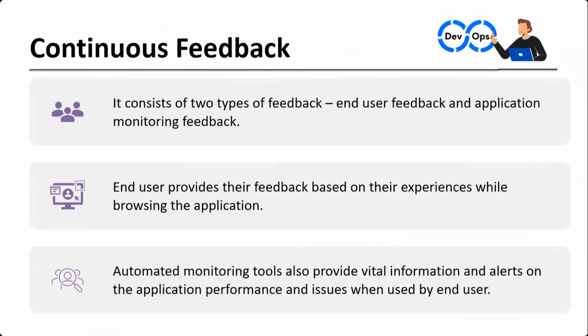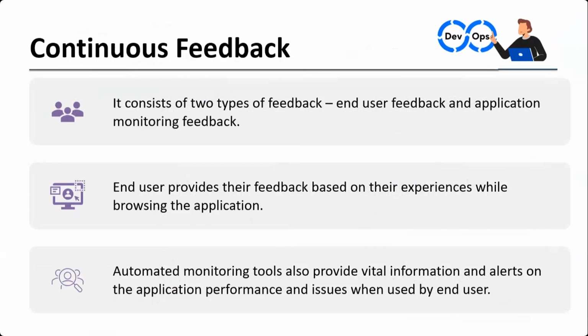End user feedback offers direct insight into user satisfaction and application usability, helping teams make user-centric improvements. Application monitoring feedback mainly provides real-time data on performance and issues, allowing quick detection as well as resolution of problems.